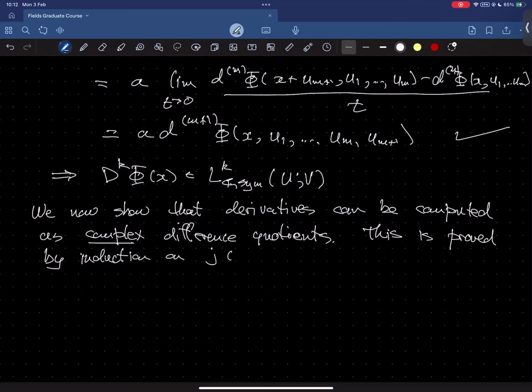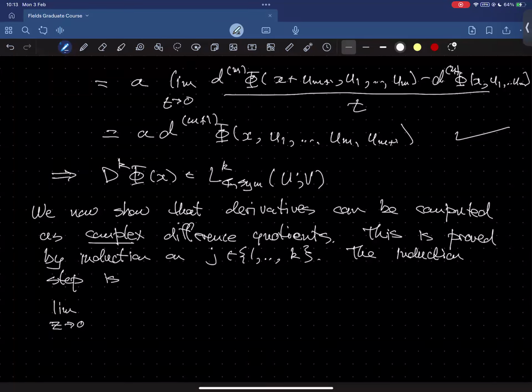On j going from 1 to k, and the induction step is what I want to show: the limit, and now I'm going to emphasize that these are complex difference quotients by writing not t, but z.